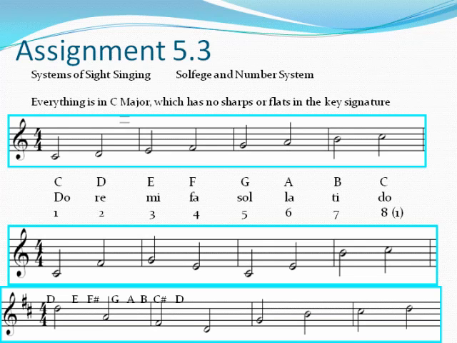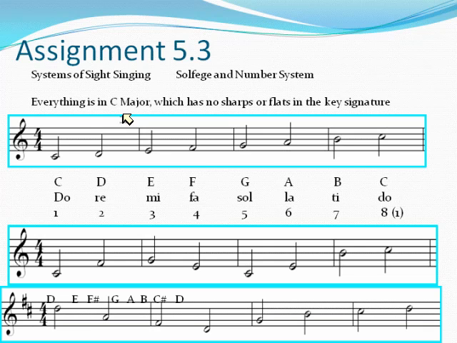The other system is just assigning a number to every degree or every pitch in a major scale. Now, we have not done scales yet, which is coming up here, but a scale has 7 different pitches, just like this scale right here. Everything that we're doing in assignment 5.3 is based on a C major scale.